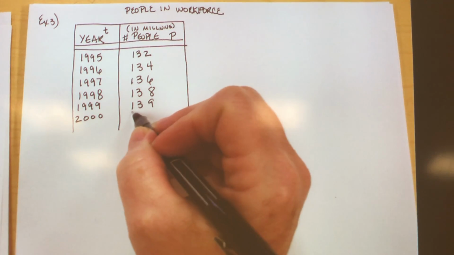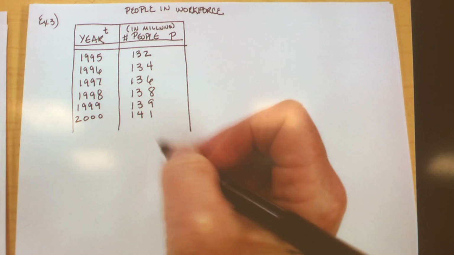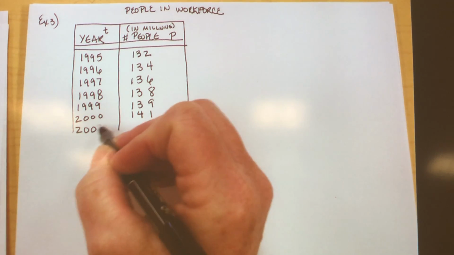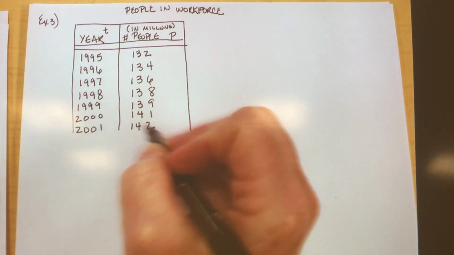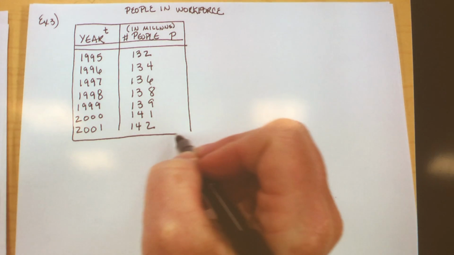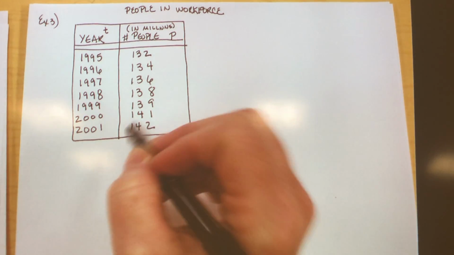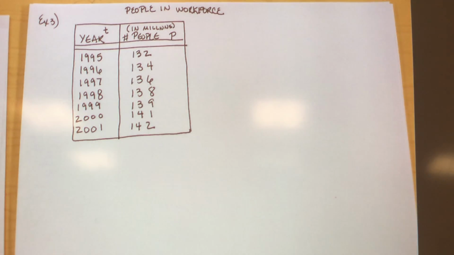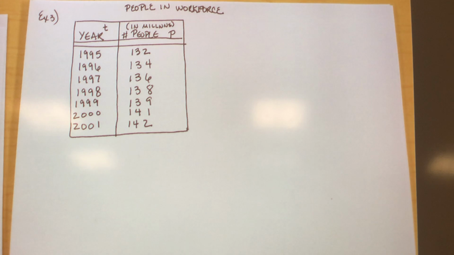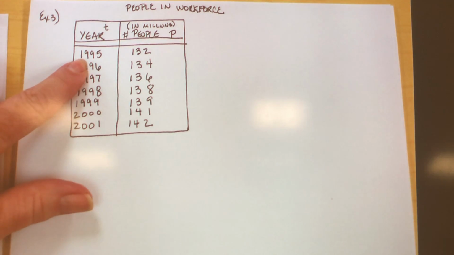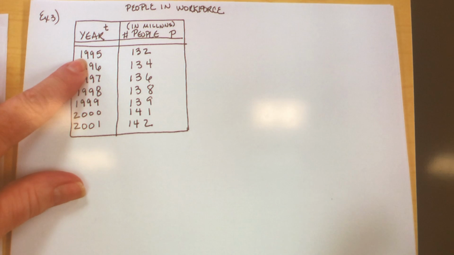2000, 141. And 2001, 142. If it just told you this, you could do whichever one you wanted to. So if you put 1995 in your calculator, you wouldn't do anything, you just write your answers.